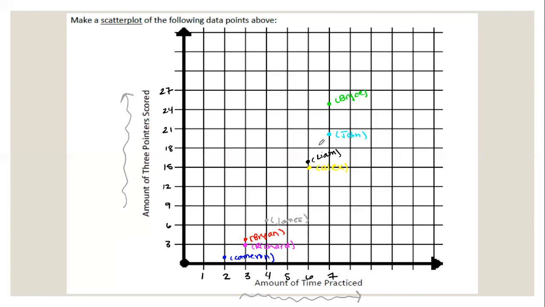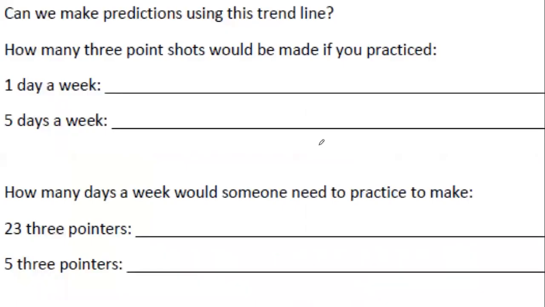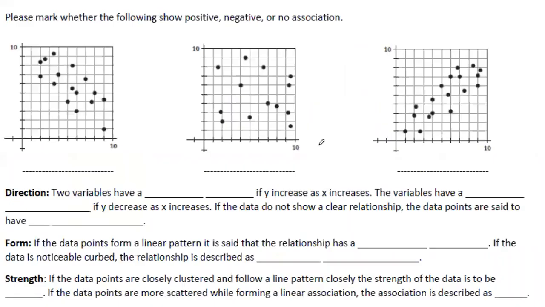Now, we're going to skip making a trend line and predicting our data because we're going to do this later on after spring break. But what we're going to do is talk about what a scatter plot means and what some terminology and vocabulary is.